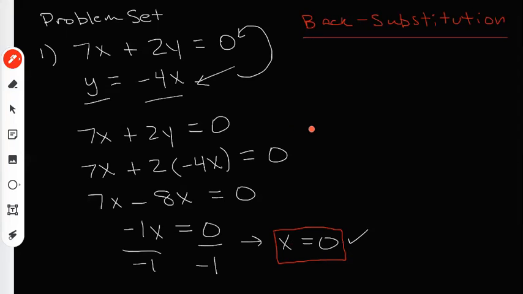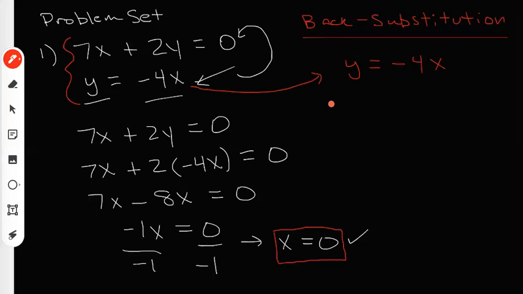Okay. So now I can choose whichever one of my originals that I want. It could be the first original or the second original, but I usually choose the one that looks the easiest to me. So I'm going to choose the second equation, y equals negative 4x.